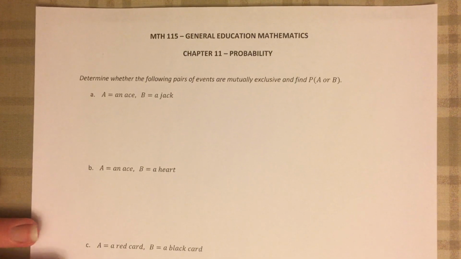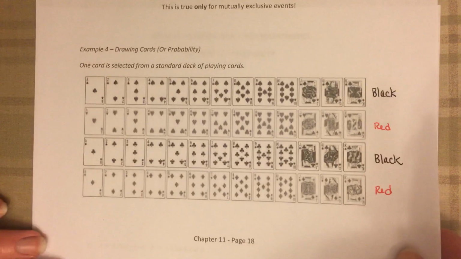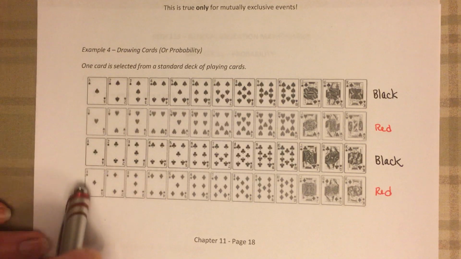So I'm just going to move this out of the way for right now. We want to determine whether the following pairs of events are mutually exclusive and then find our probability of A or B. Our first example, we are looking at the probability of A being that we draw a card that is an ace. Our event B is the probability that we draw a card that is a jack. Looking at our table here, our aces are over here on the left.